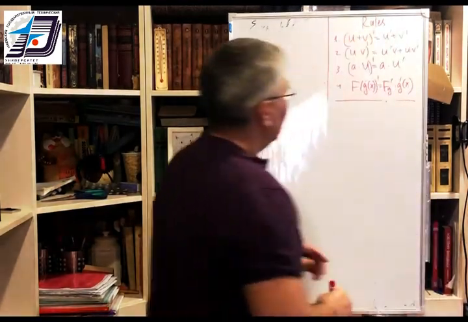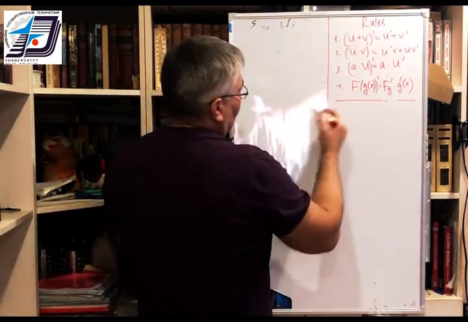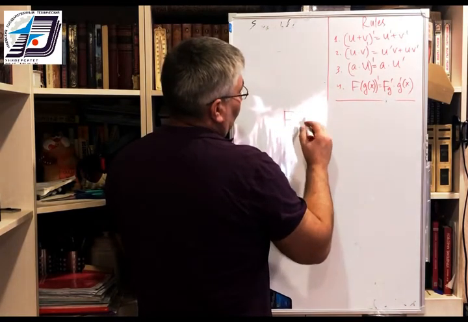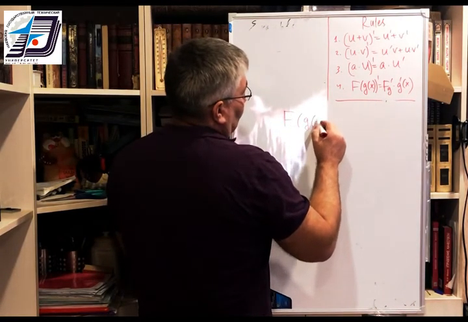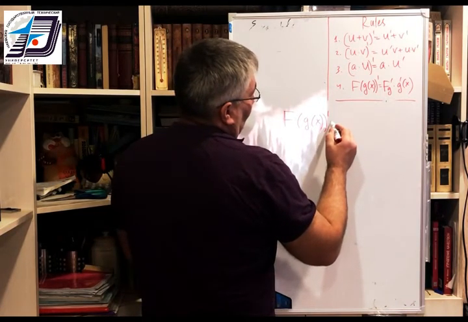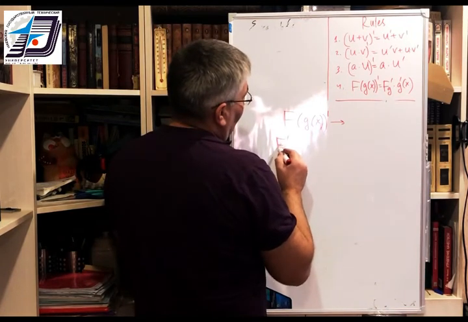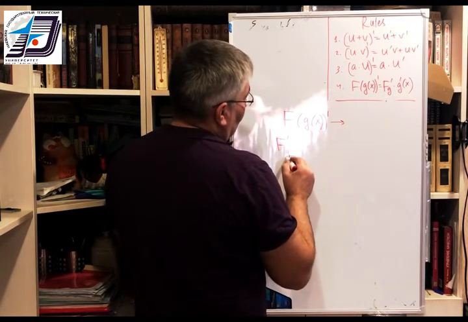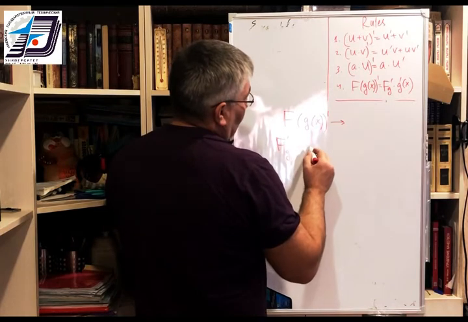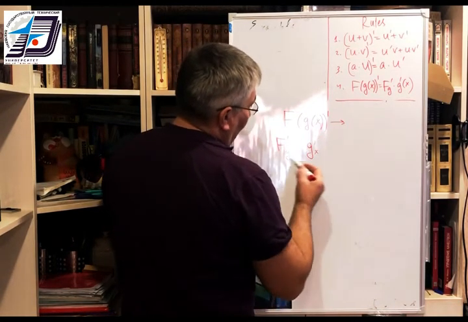So what is the bottom line of these examples? For example, let's consider this one formula. F of g of x, derivative. So the first thing, you have to calculate the derivative of the capital F with respect to g. Then multiply by the derivative of g with respect to x.